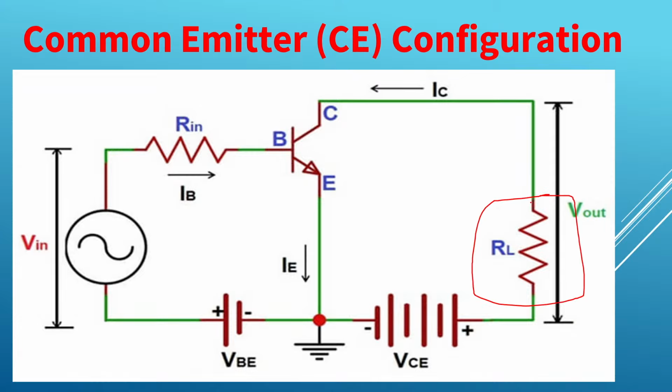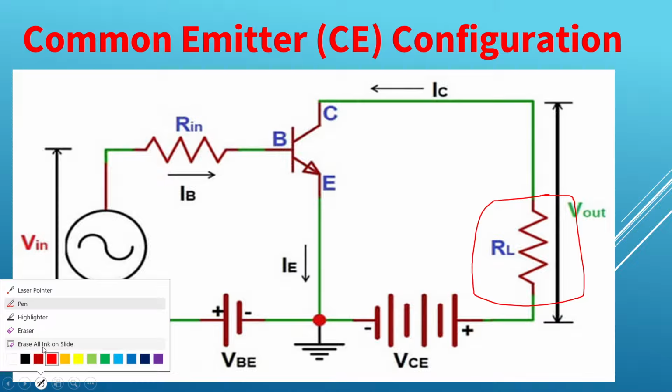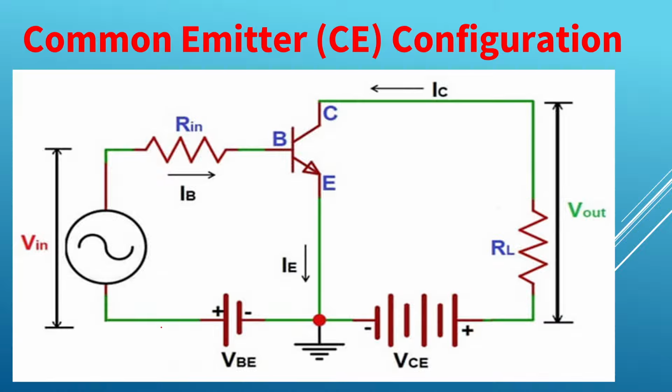So how much voltage gain there will be depends on the load resistance value as well as transistor properties. As I have told you just now, it gives us significant voltage gain, so it can be used for amplification.